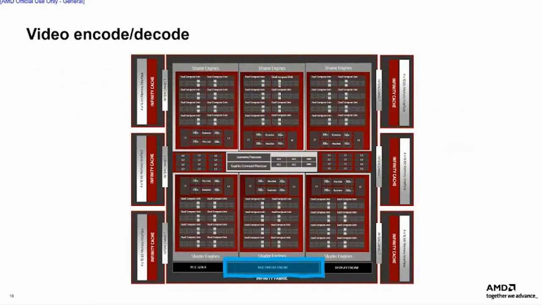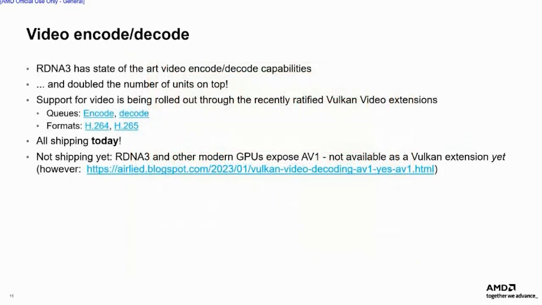And then finally, there's video encode and decode. That's a very interesting feature many people like to use. I mean, right now, you're probably running a video decoder and encoder to send this video stream around. And everyone has been innovating in the space of video encode and decode recently. We have new formats and whatnot. And it's also great news that Vulkan has now provided a cross-vendor extension to access all those video encode and decode units, multiple queues and whatnot.